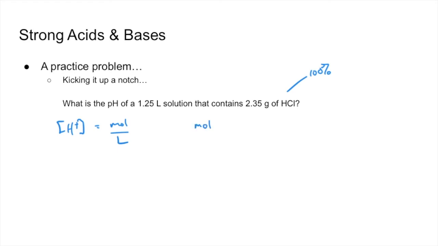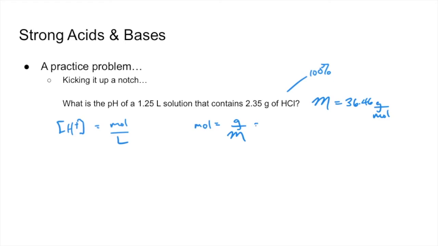So we have to use our moles equation here, which is going to be grams divided by molar mass. So that means you need the molar mass of HCl. Hydrogen's 1.01, chlorine's 35.45, so together, adding those up, 36.46 grams per mole.